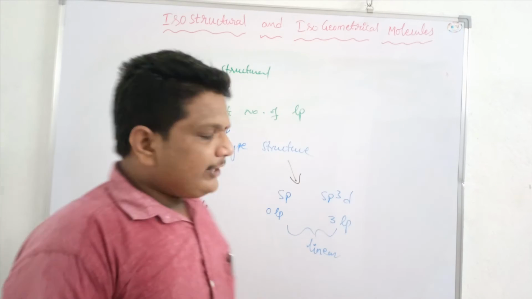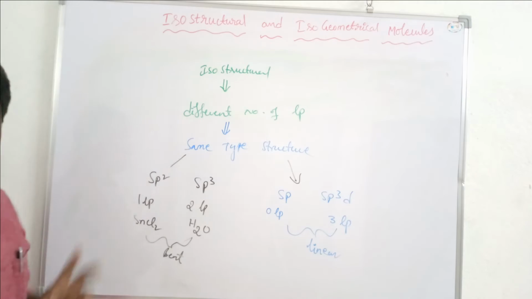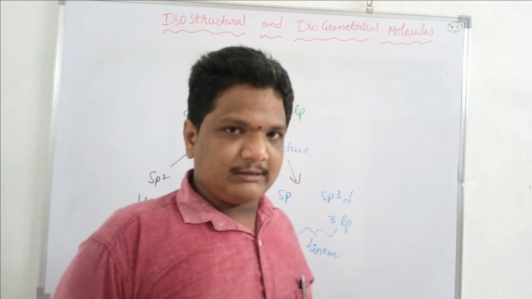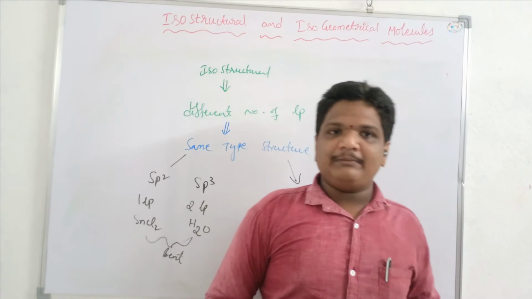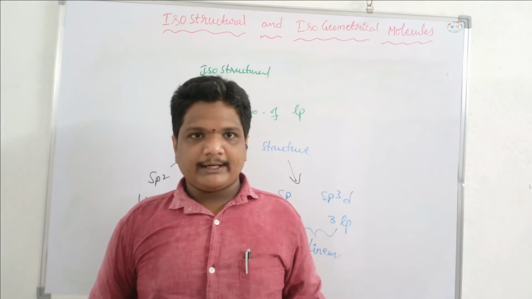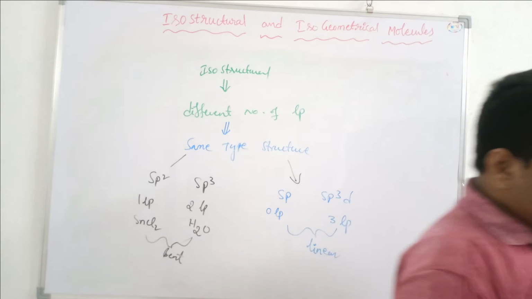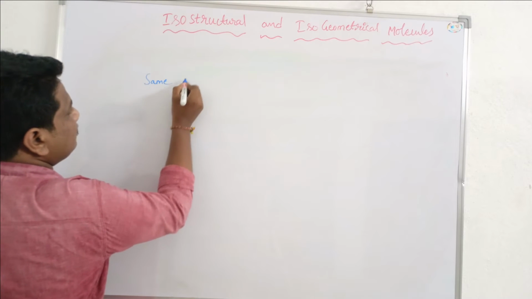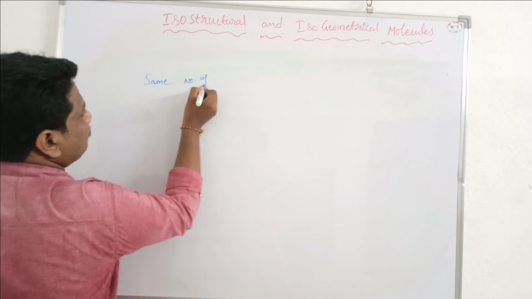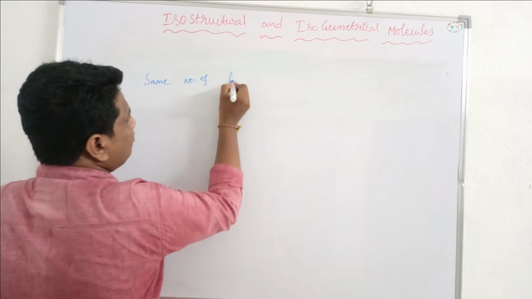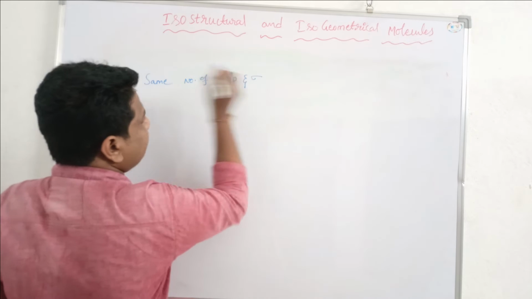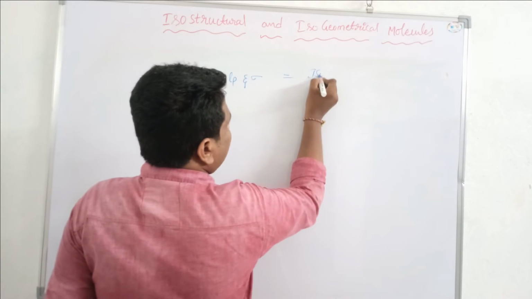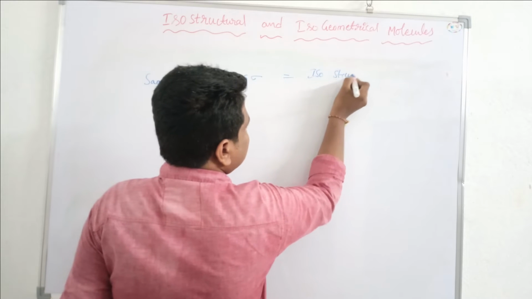So even though they have different numbers of lone pairs, they are isostructural, because they have the same number of sigma bonds. So from this we can say that species with the same number of sigma bonds are isostructural.